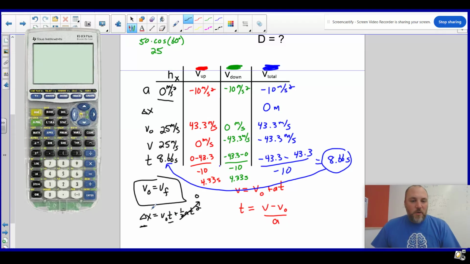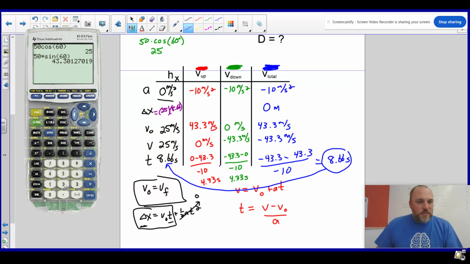So if I want that horizontal range, and 1/2 AT squared is just 0 because there's no acceleration in the horizontal, I can find out how far this object traveled by doing the initial velocity of 25 times the total time of 8.66. So let's do 25 times 8.66, and this object lands 216.5 meters away.